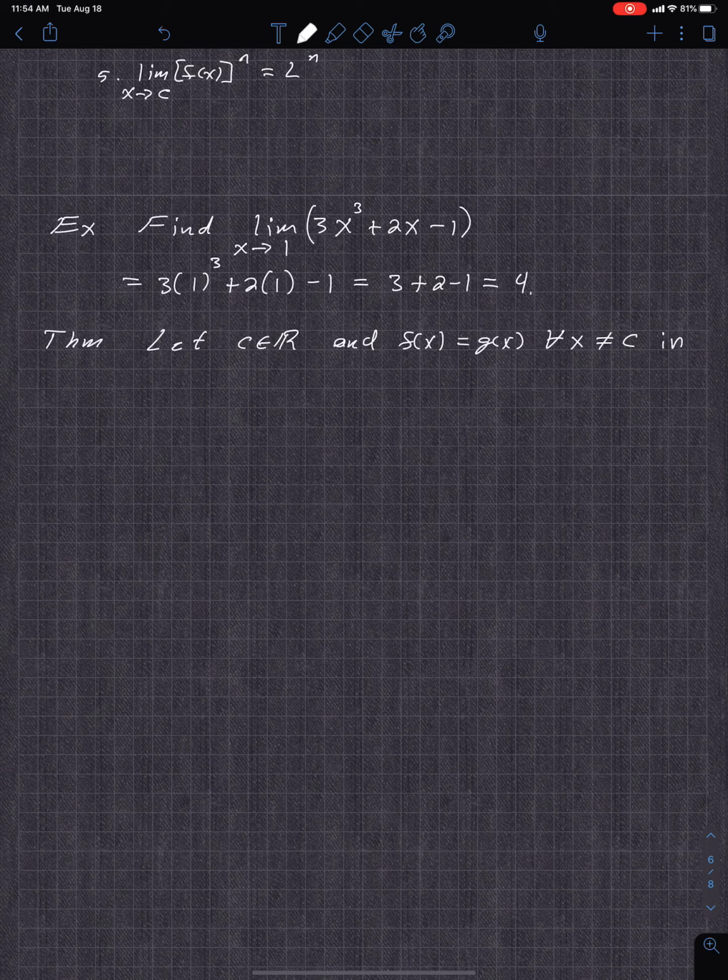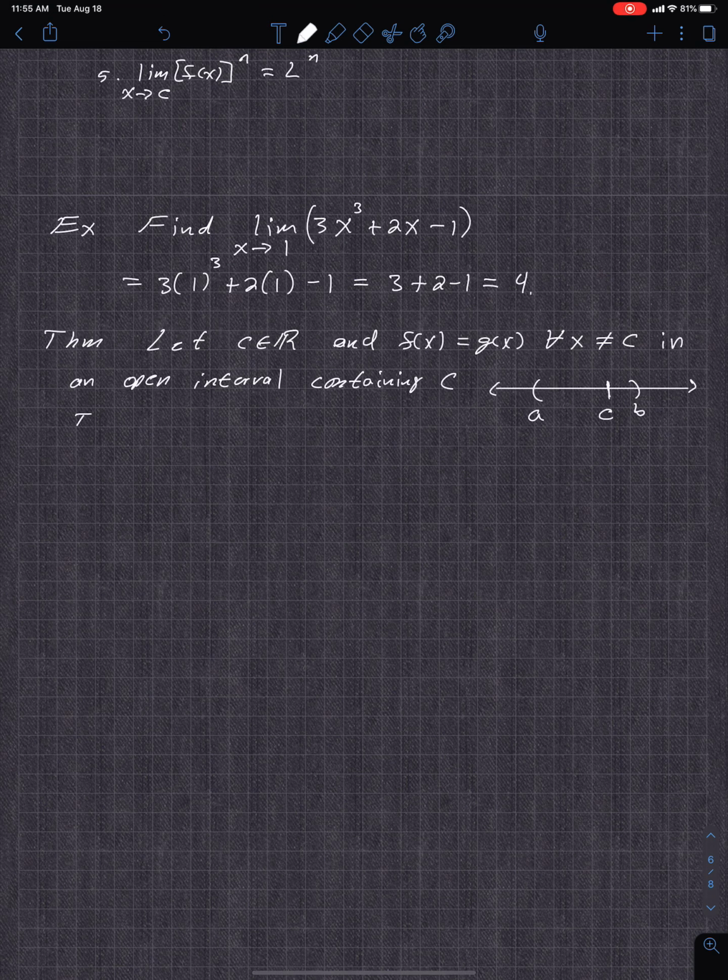So that's true in an open interval containing c. An open interval on a number line looks something like this. An open interval would be from a to b, and then c is in here somewhere. So it's true within that open interval somewhere.